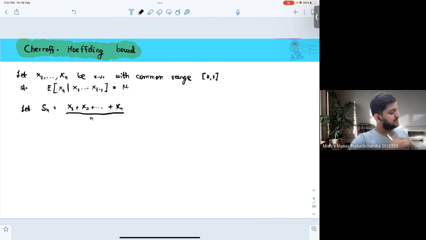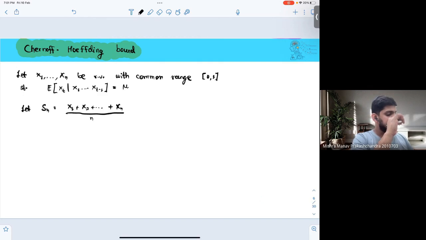So that's my capital Q. And xi is the number of times arm i is pulled, at time n.